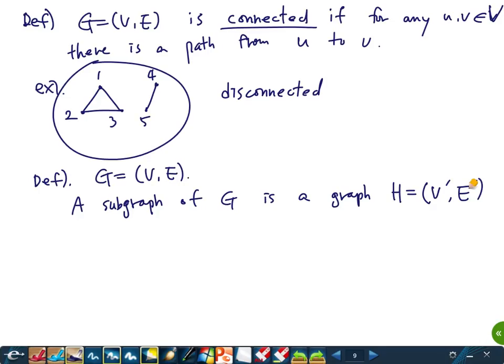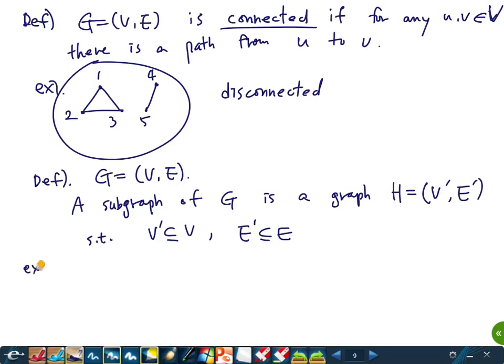It is a graph, and it is a part of G, such that V prime is a subset of V, and E prime is a subset of, maybe they may be the same, E. In other words, a subgraph is a graph obtained by selecting some vertices and some edges, right? So that it is still a graph.